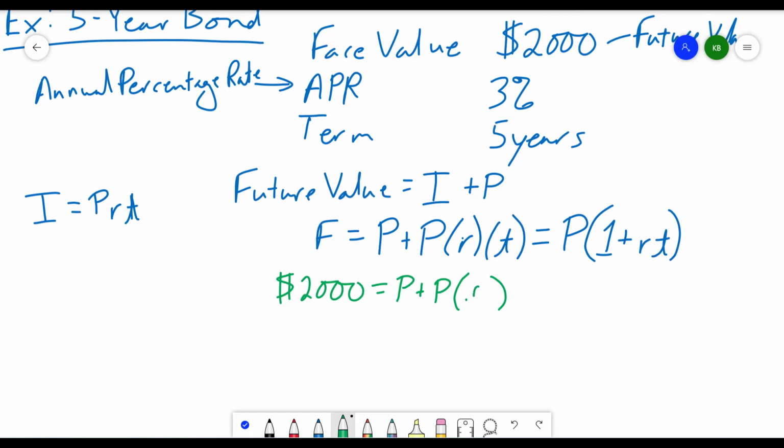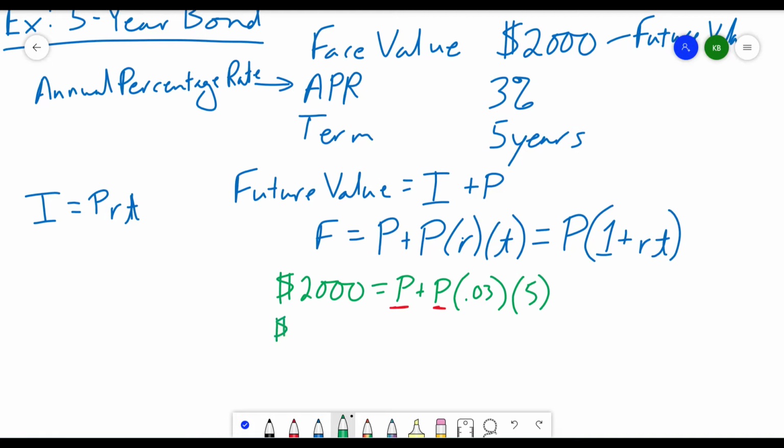So I'm going 0.03 for my 3% times my term of 5. And I need to solve this for my principal. So this is my only variable left in it, right? It's a P, and even though there's 2 of them, it's my only variable. It's only one letter. So what I need to do is combine my like terms. So I'm going to do that by factoring a P out.